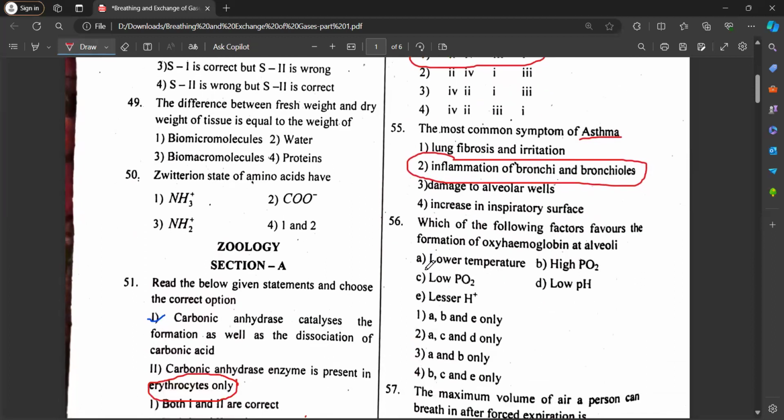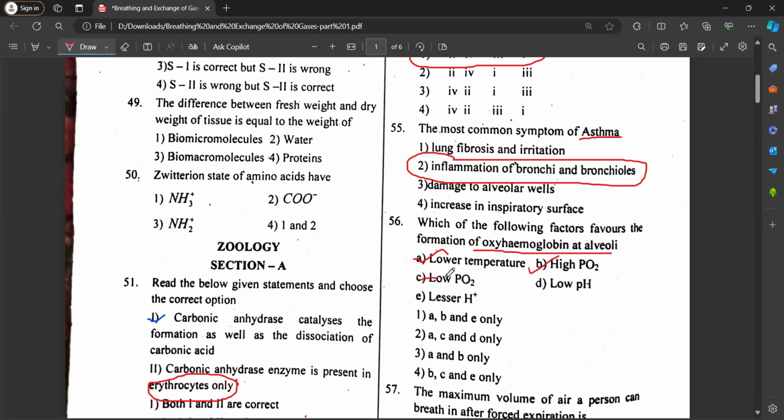Next, which of the following factors favors the formation of oxyhemoglobin at alveoli? Lower temperature, yes. High PO2, yes. High partial pressure of oxygen is correct.